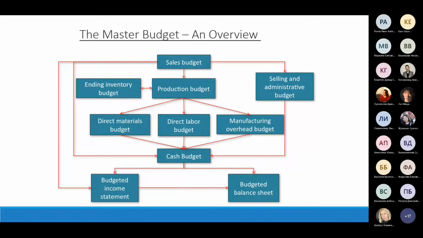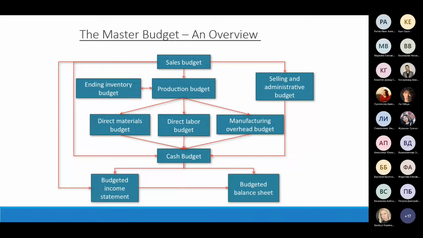Then we produce the ending inventory budget, which is related to sales and production. Then the lower level budgets are the direct materials budget, direct labor budget, and manufacturing overhead budget. And these three budgets are summarized together to prepare the cash budget.